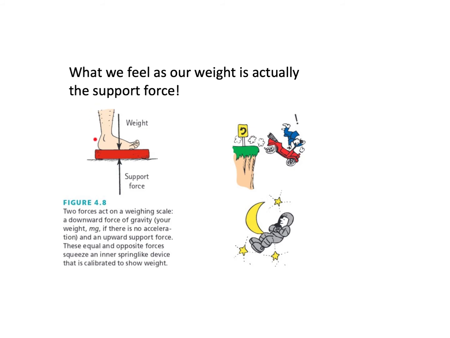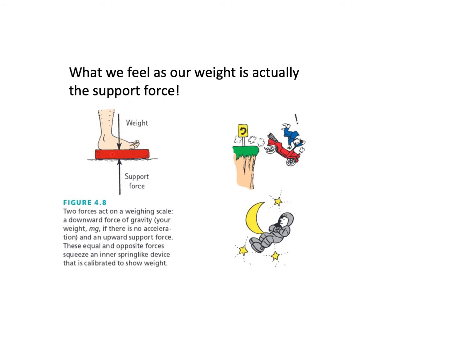If you stand on a bathroom scale, you have your weight, which we know is m times little g, pushing you down into the scale. And you don't go crashing through the scale, again, because Newton's third law tells us that the scale is going to push back with an equal but opposite force. What force? Equal and opposite to your weight.